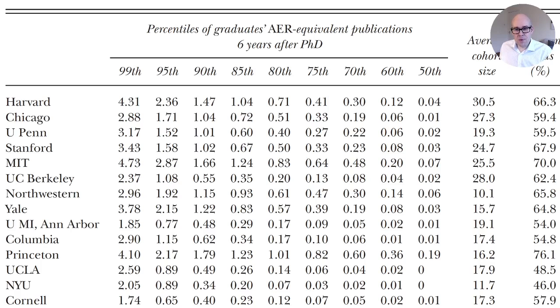Good. So what this shows you is that the 80th percentile of the publications for one cohort would be 0.7. So that's 0.7 AER equivalent publications. So you have a cohort size of 30. The 80th percentile would then mean that it's the 6th best guy out of 30 from Harvard, and that person would on average publish 0.7 AER equivalent papers.